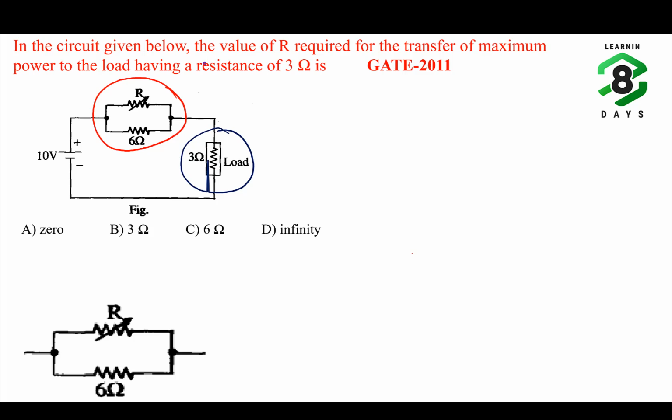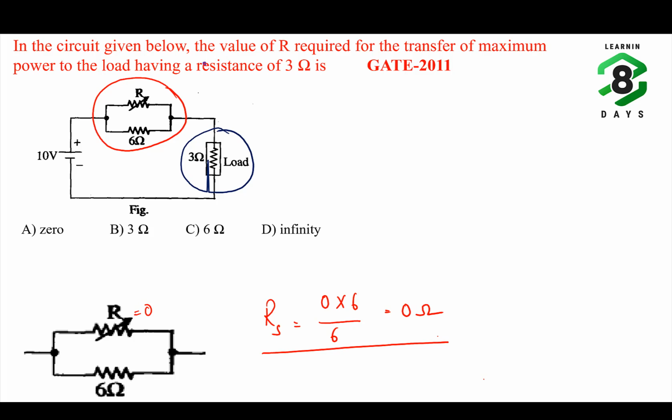Suppose if you look at our four options, if R value is equal to 0, that means it is a short circuit path, then the overall internal impedance will become how much? 0 in parallel with 6 divided by 6, which is 0 ohm.